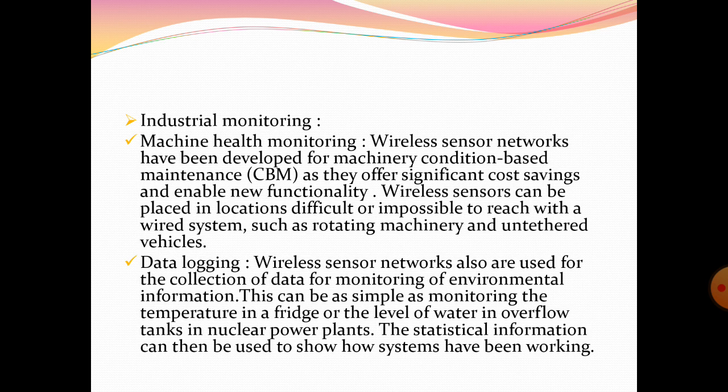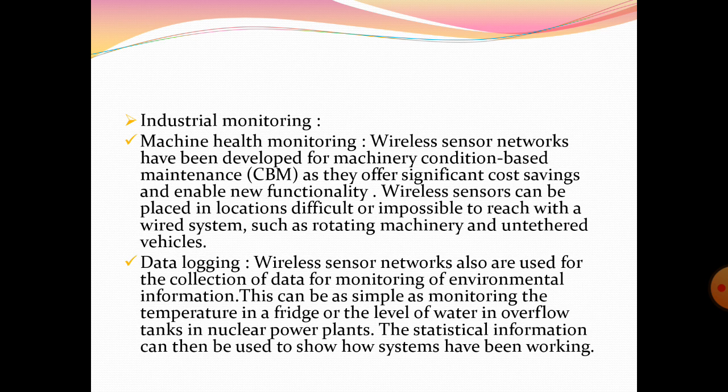Wireless sensor networks have been developed for machinery condition-based maintenance (CBM) as they offer significant cost savings and enable new functionality. Wireless sensors can be placed in locations difficult or impossible to reach with a wired system, such as rotating machinery and untethered vehicles.